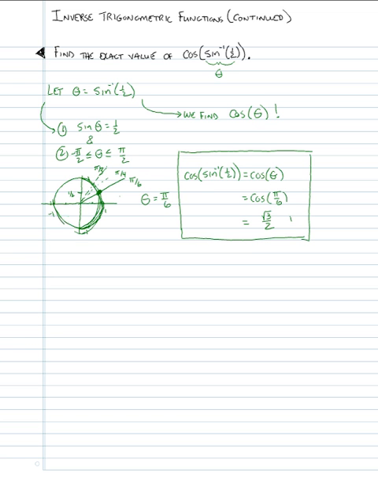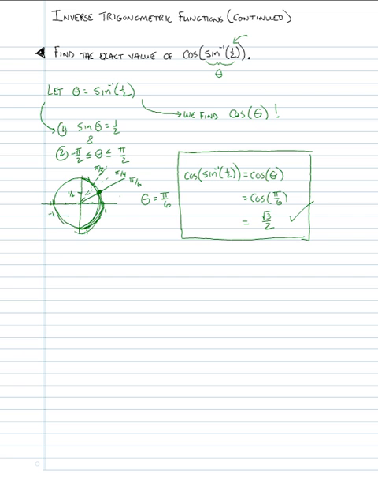Now, this works when the value inside the inverse sine or cosine happens to be one of the special numbers we get, like 1/2, square root of 2 over 2, square root of 3 over 2. When we have that type of number, then we can find the exact value of theta, and then turn around and use that to calculate the cosine or whatever we need of that particular angle.